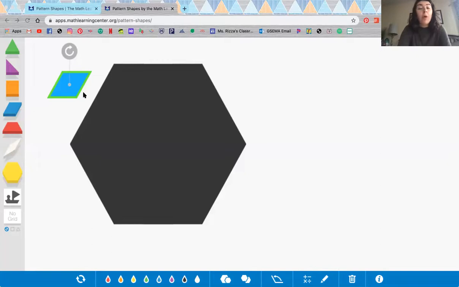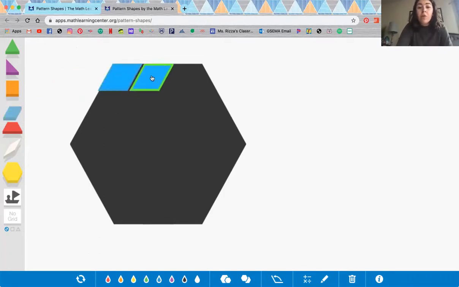And we'll have to find out. Remember, yesterday it took 54 triangles to fill our hexagon. So we're going to see how many rhombuses it takes and see if you are correct, whether it takes more or less rhombuses. So just like yesterday, I'm going to start dragging and dropping these rhombuses in.